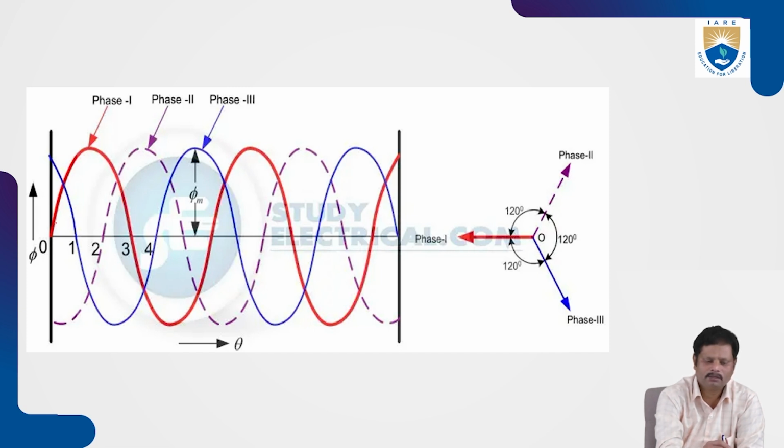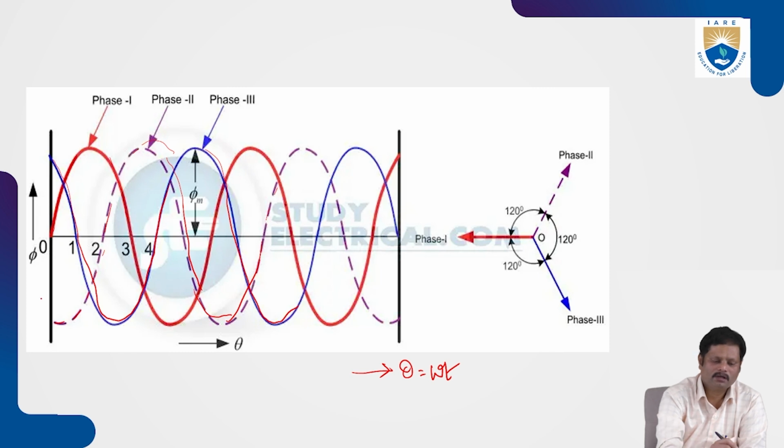Let us say the red sine wave represents the flux produced by phase one, the dotted line is the flux produced by phase two, and the blue waveform is the flux produced in phase three, with respect to theta or omega t, that is, with respect to time.